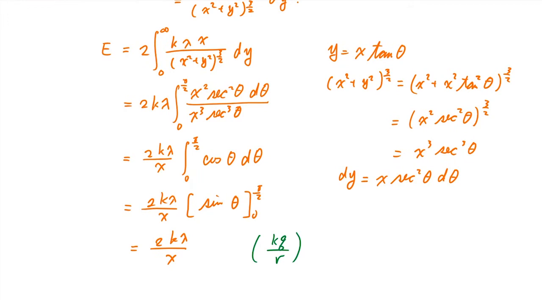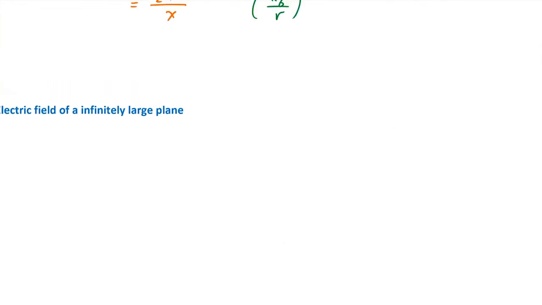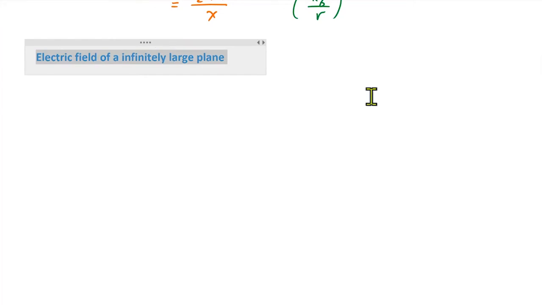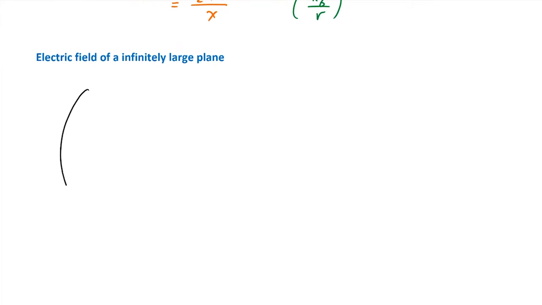Okay, let this stay there because when we do Gauss's law a little bit later, we can get the same expression in an infinitely easier way. That's the power of Gauss's law. Okay, let's review this. Infinitely large plane. Remember the circular disk with the charge last time, and we are going to do about the same thing, but we are going to take this limit to infinity.